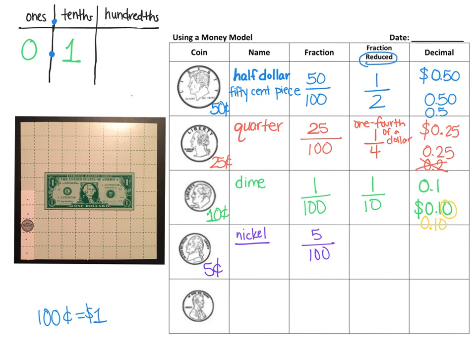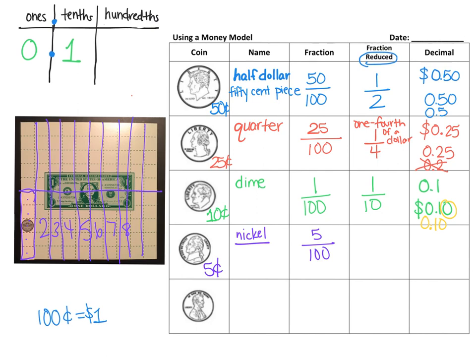To find what 5 hundredths is reduced, we need to split up the dollar. So we can see this is 1. So let's split it like this, and then we can see our groups, and we will count how many groups there are. 1, 2, 3, 4, 5, 6, 7, 8, 9, 10, 11, 12, 13, 14, 15, 16, 17, 18, 19, 20 groups.